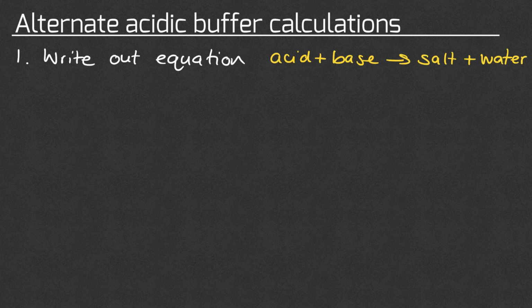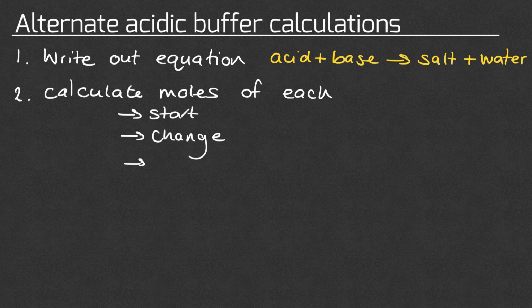The first thing you need to do is write out an equation. So that's going to be your acid and base reacting together to produce salt and water. You then need to calculate the moles of everything at the start, calculate how those moles change through the reaction, and that will give you a value for the moles at the end of the reaction.